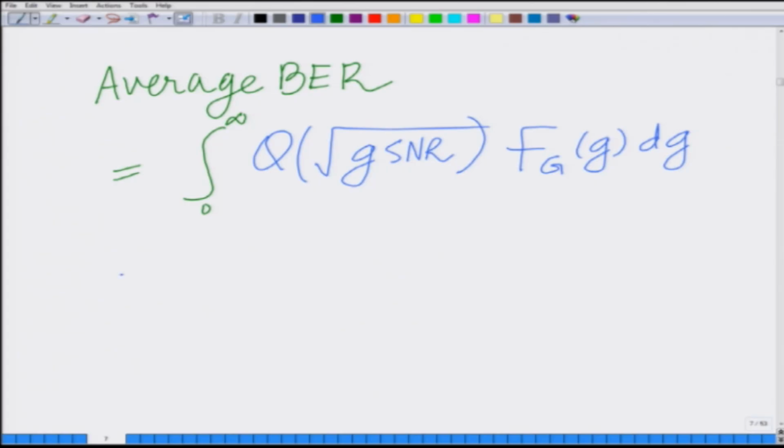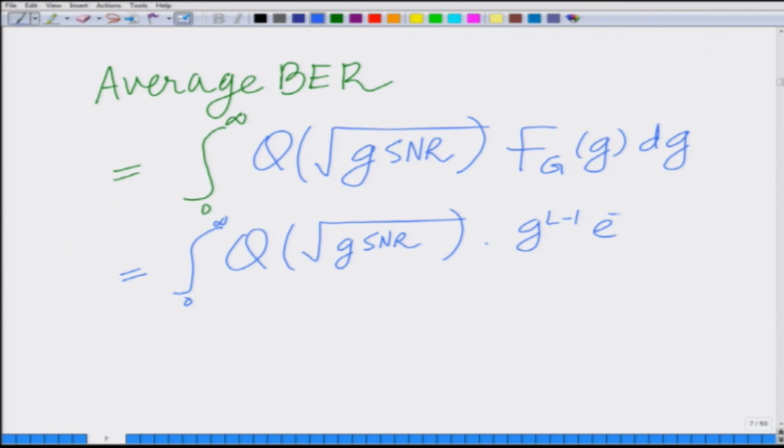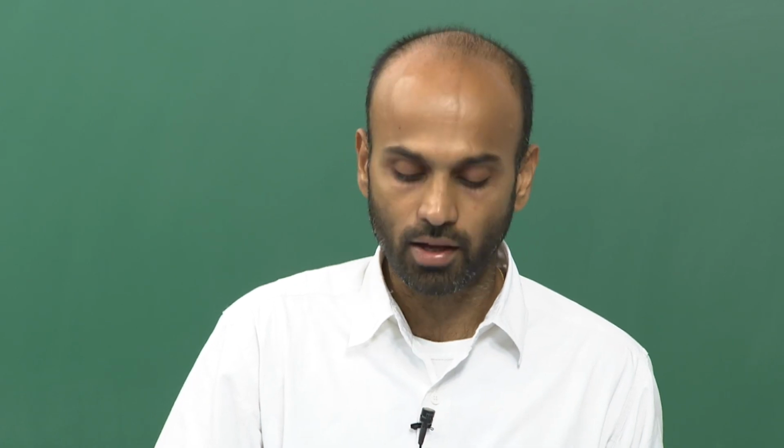And now I can substitute the expression, which is Q of square root of G times SNR times G to the power of L minus 1 e to the power of minus G divided by L minus 1 factorial times dG, and this is the integral that has to be evaluated, which I am not going to simplify over here, but I am going to write down the solution to this evaluation directly.